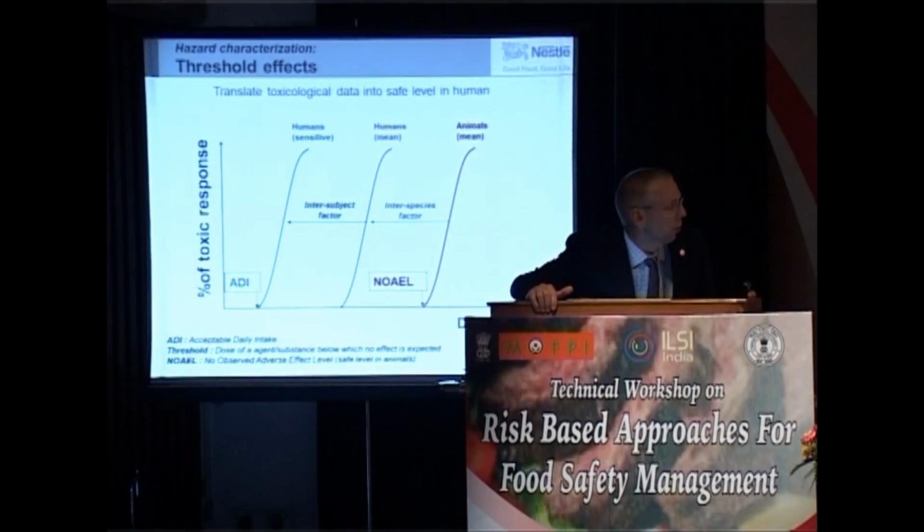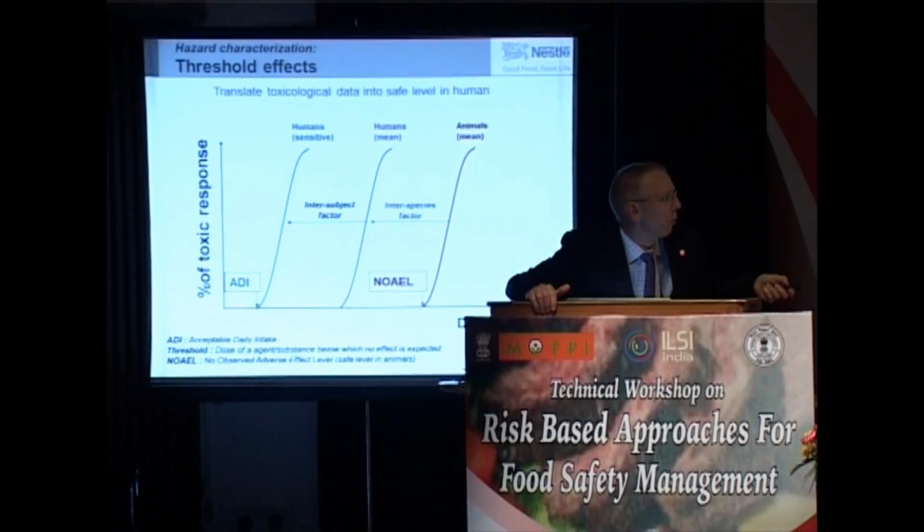Now for the threshold effect, what does it mean? In the pivotal study, the most conservative one, you have a dose response like here in animals, and then you get the NOEL. And then you need to extrapolate to human. In general, you don't know exactly how to do that, so you just use a factor. So you divide the NOEL by a certain factor, and then you get an answer for the mean human, the average human.